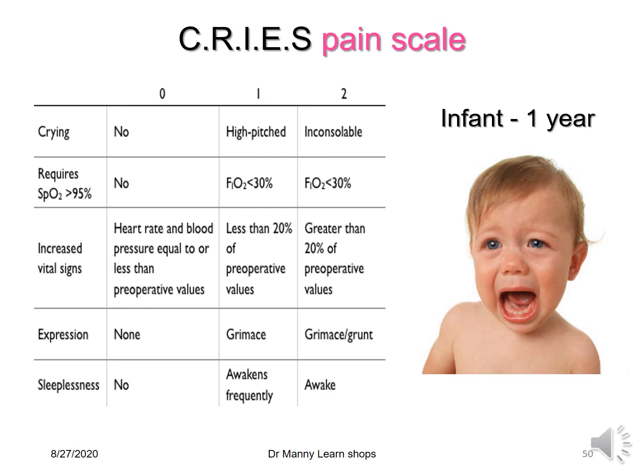Because their SpO2 is less than 95 or 94, as we indicated previously. Do they have increased vital signs? If you've got pain, typically your heart rate goes up. Typically your blood pressure goes up. Typically your respiratory rate goes up. May or may not increase your temperature. What's their expression? Are they sleeping? C.R.I.E.S.